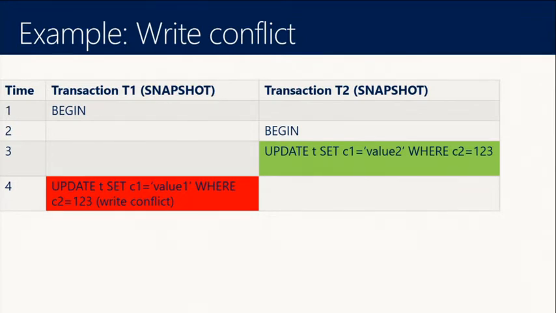Now, it writes the row, it marks the row as, hey, I'm updating it. And then the second transaction comes in, and we'll see, oh, hey, this row was already updated, so I cannot update it myself. So at this point, this transaction will fail. So with write conflicts, always the first writer will win. The second writer will need to retry the transaction.